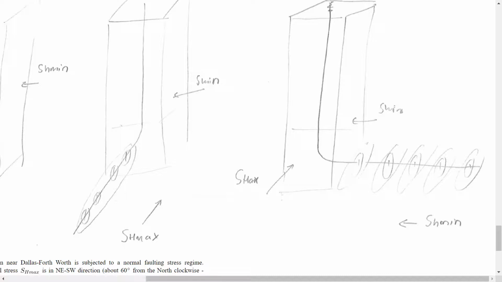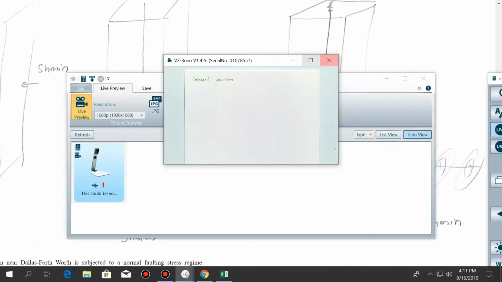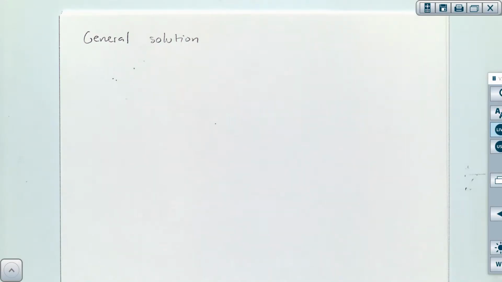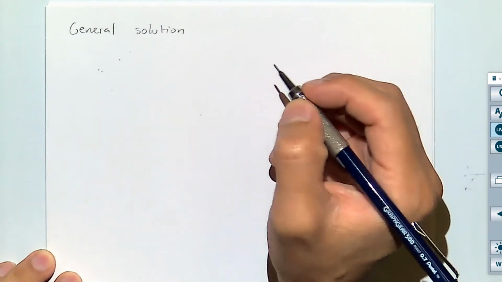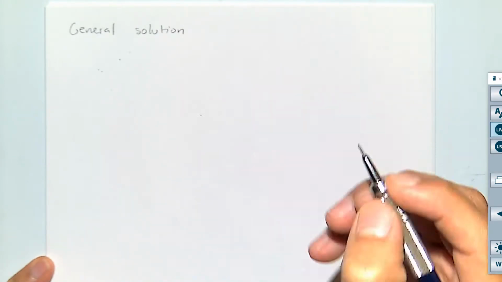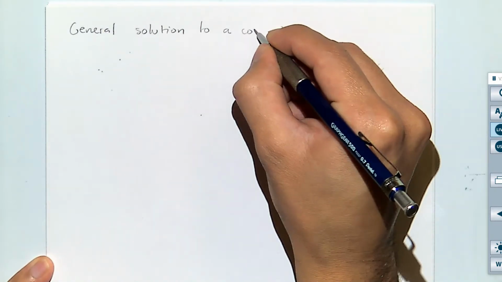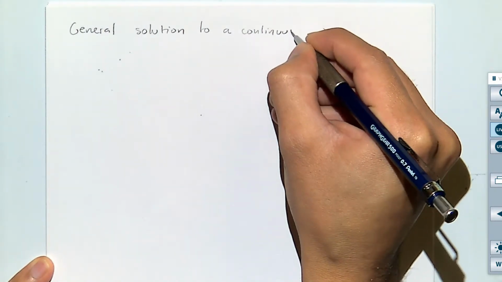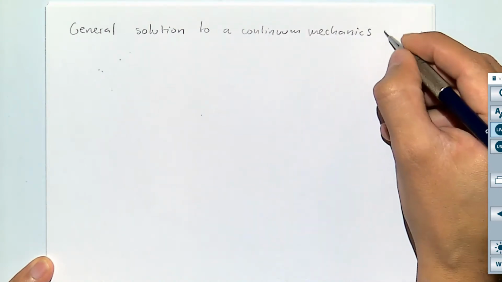All right, so let's talk about how we're going to use continuum mechanics to solve a general problem. This is a general solution to a continuum mechanics problem.